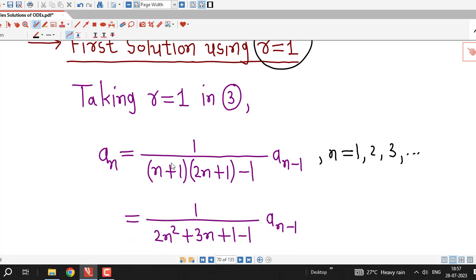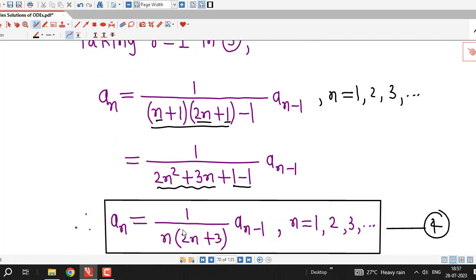I have multiplied these two: n into 2n, that is 2n square, plus n plus 2n, that is 3n, and 1 into 1 plus 1 minus 1. So I have 2n square plus 3n only. I can take n common, and I will have n into (2n plus 3) an minus 1, where n takes the values 1 to 3 and so on.